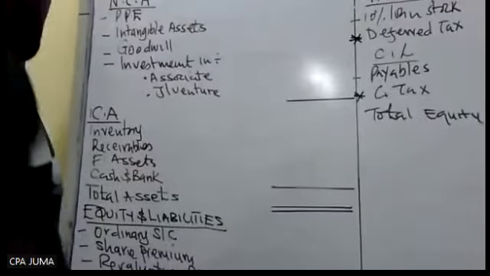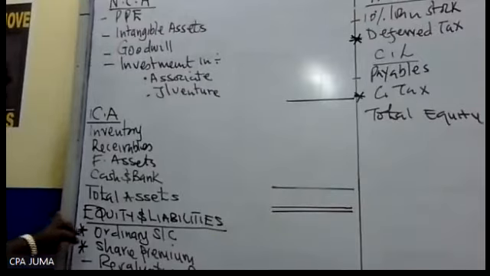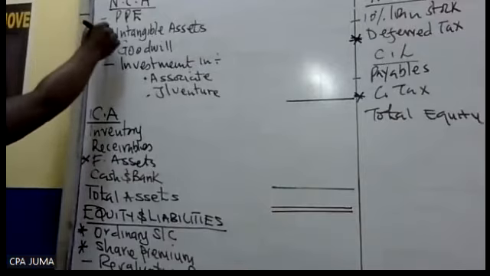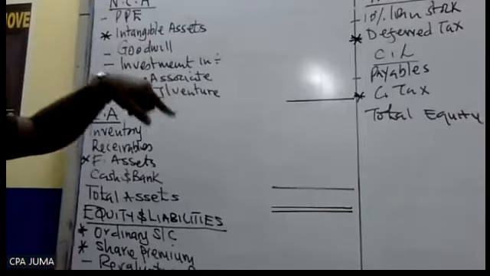Then when you come this side, the ones which are 3 ticks: ordinary share capital, parent only. Share premium, parent only. Even financial assets, what are you going to adjust? Even intangible assets, what are you going to adjust? So without struggling, just adding, you will get 1, 2, 3, 4, 5, 6.